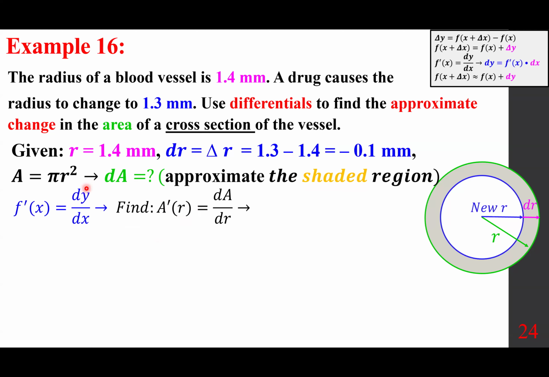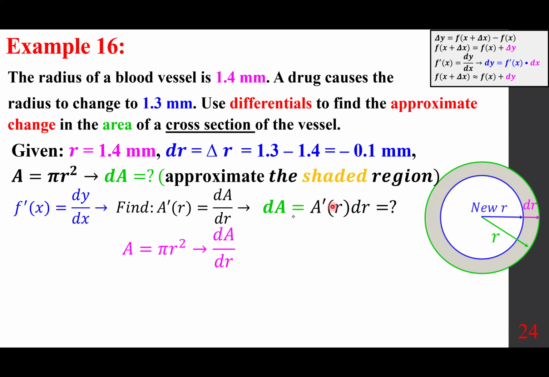Instead of f prime of x being dy dx, A prime of r is dA dr. Because dy is the product of these two, dA is the product of these two, and dA is A prime of r dr. Now we want to go back to pi r squared and differentiate that to find dA dr.